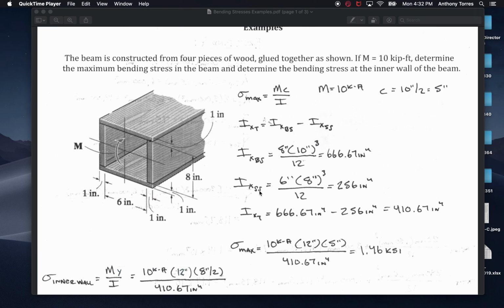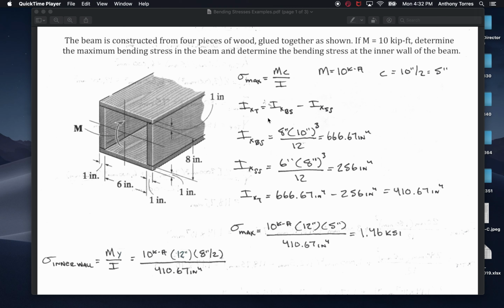Then I do the small square, which is 6 inches from here, and its height is 8 inches. Cube that, divided by 12, I get 256. Then I could just subtract the two. It is 666.67 minus 256 equals 410.67. That is the total moment of inertia.